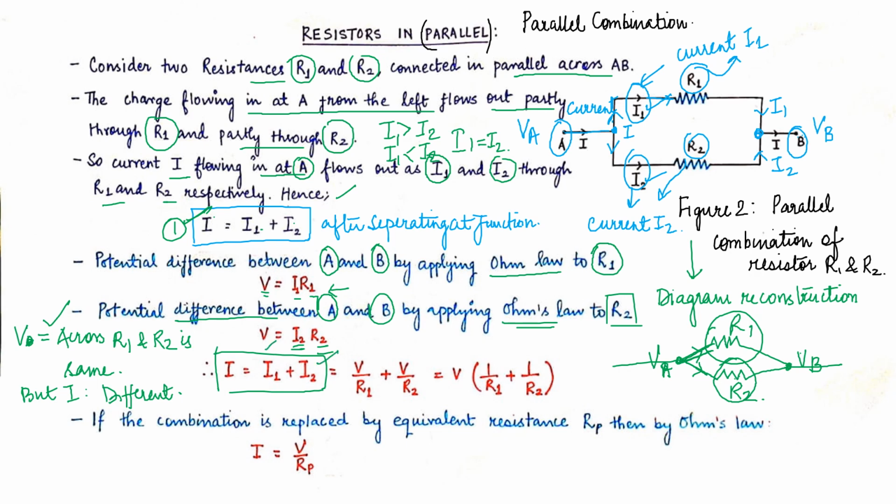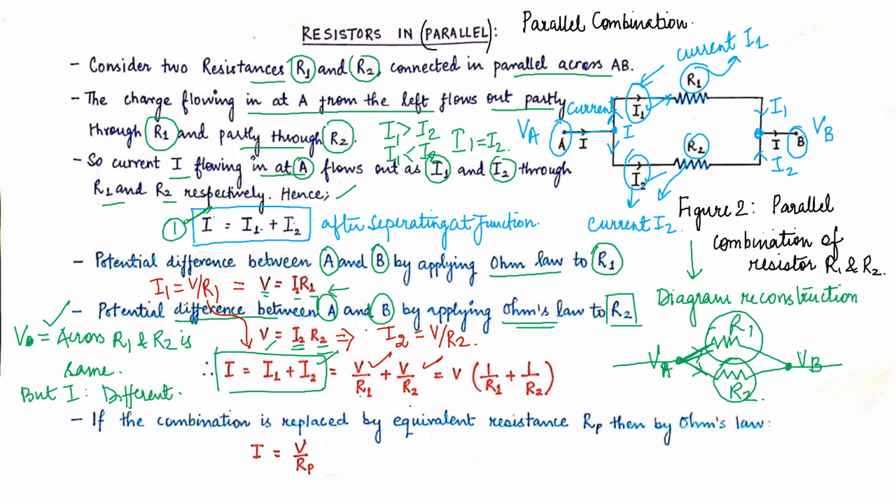From where are we going to get the value for I1 and I2? That is from here. This will give us I1 equals V upon R1, and from here we will get I2 equals V upon R2. Substituting these values, V upon R1 plus V upon R2.